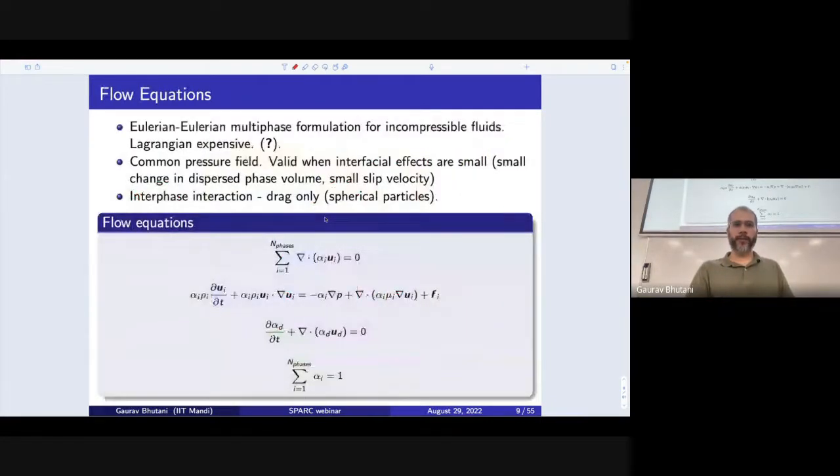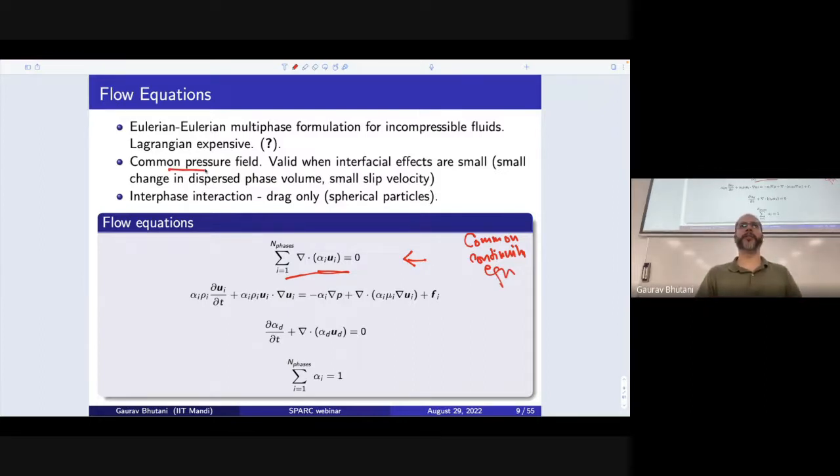Right. So flow equations. We are using the Euler-Euler system. So we have equations, this is our mass balance. Since we have a common pressure field, we end up combining these equations into a common continuity equation. We can assume a common pressure field, although there are two different phases, gas and liquid, and that is allowed if the interfacial effects are small and if the relative velocity between the phases is also small.